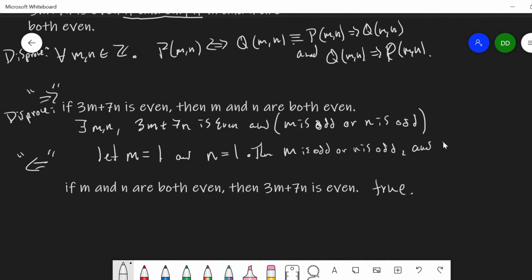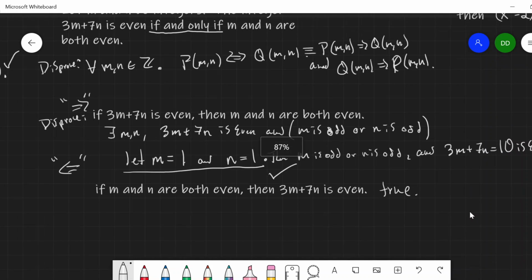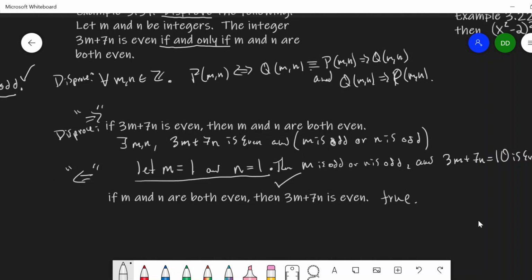And 3m plus 7n here would be equal to 10, which is even. So this is my counterexample here. That's a counterexample. So a little bit trickier when we have a biconditional because we have to break it down and analyze each implication and determine which one's true, which one's false, and then come up with a counterexample for the one that we've determined was false.